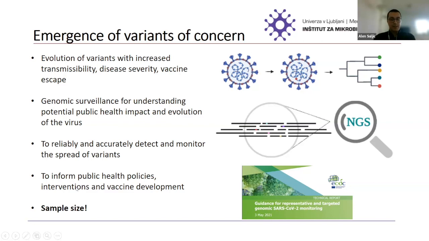For this reason, real-time genomic surveillance is important for understanding potential public health impact and evolution of the virus. The surveillance using next-generation sequencing provides us with reliable and accurate information on the prevalence of the circulating variants.